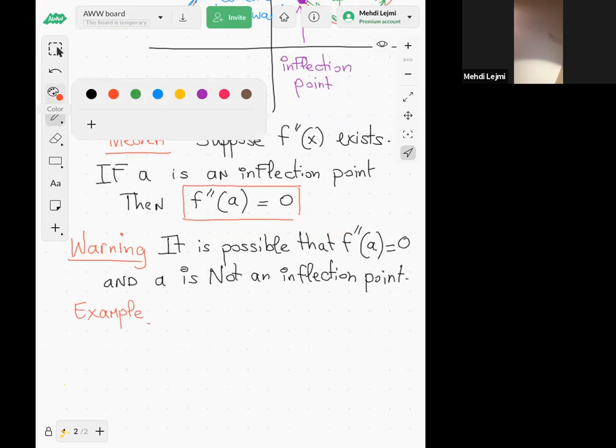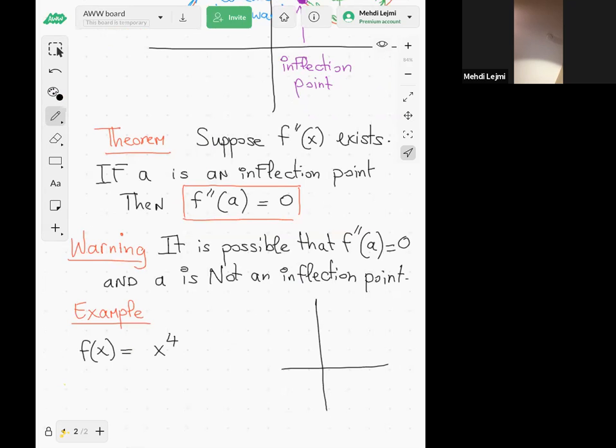Let's say f of x is equal to x fourth. The graph of x fourth looks something like a parabola.